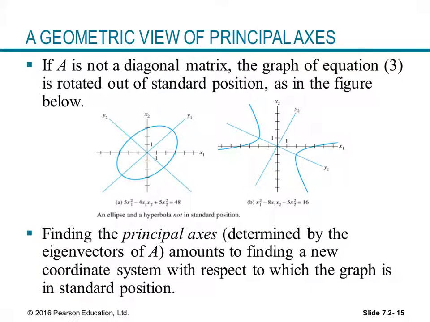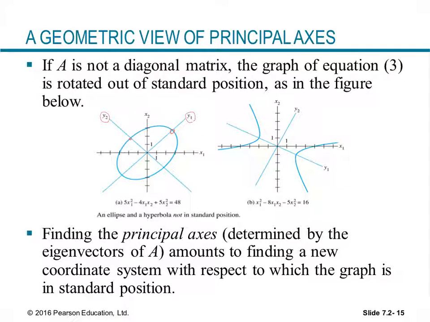If A is not a diagonal matrix, then we have a cross product term. That means our ellipse or hyperbola is rotated a little bit. If we draw the plot with respect to the direction of the eigenvectors y1 and y2, then we can easily identify the farthest point or the closest point.